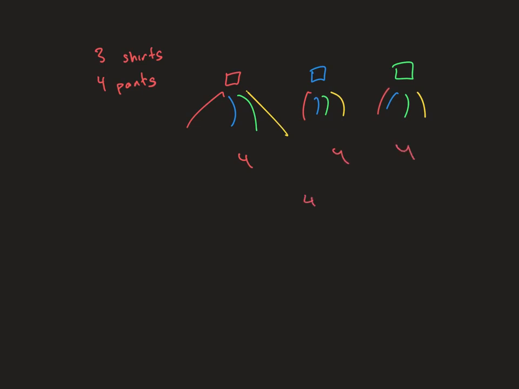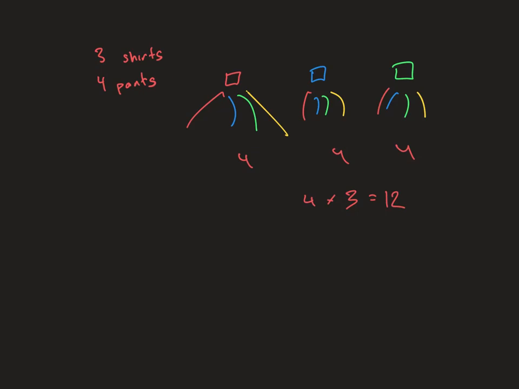So really, it's just 4 times 3, which equals 12. Obviously this is a pretty simple example, but it's a really important idea that you'll continue to use throughout combinatorics, which is the unit in mathematics that we call combinatorics.